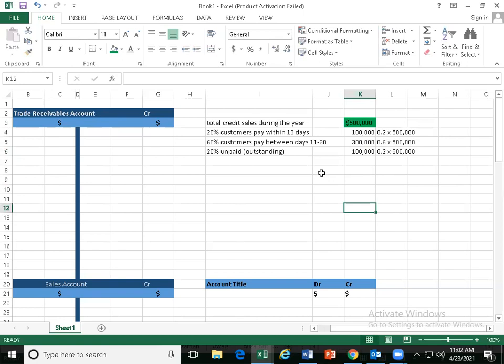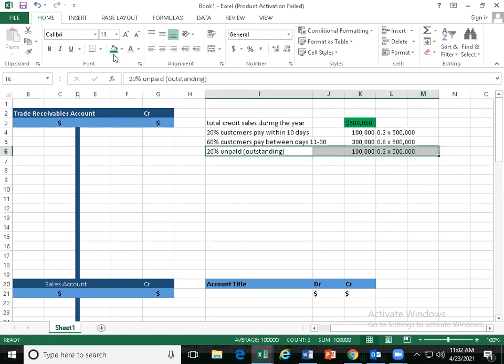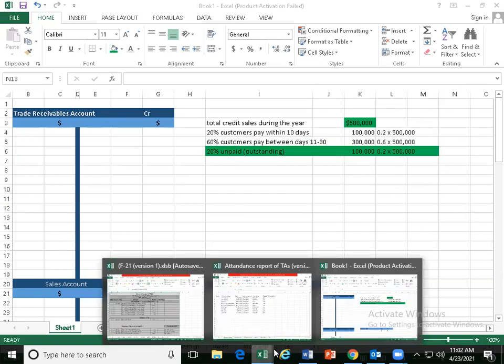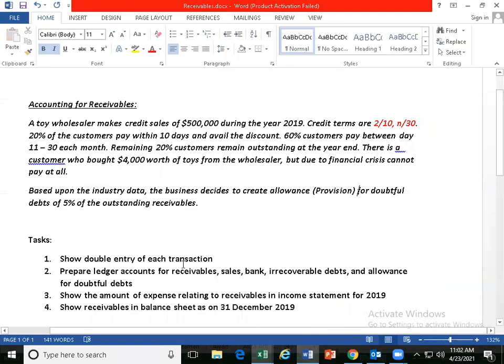Now, what happens to this $100,000? What we are given, out of the 20%, which is 100,000, is that $4,000 of goods were bought by somebody who cannot pay because of the financial crisis.